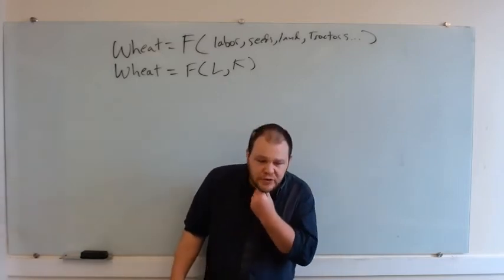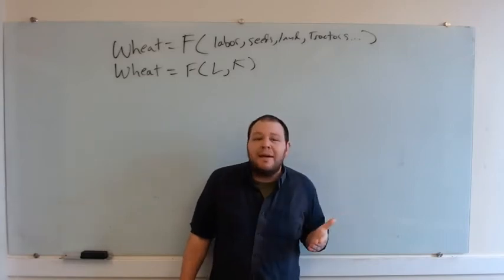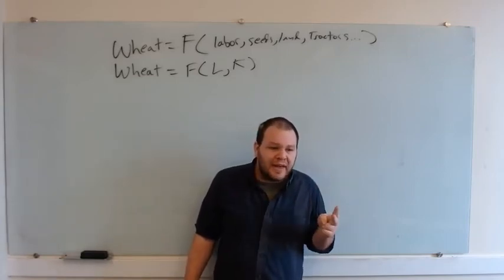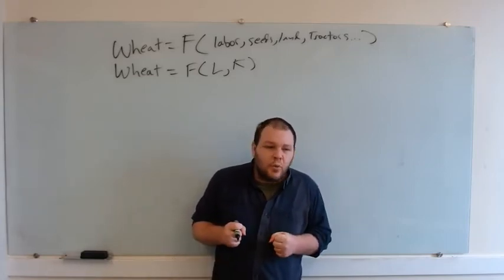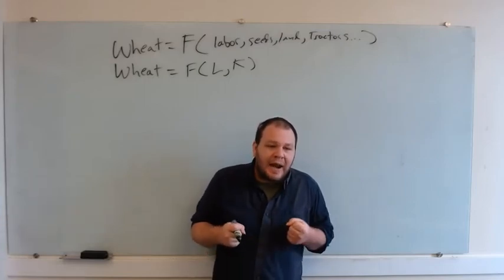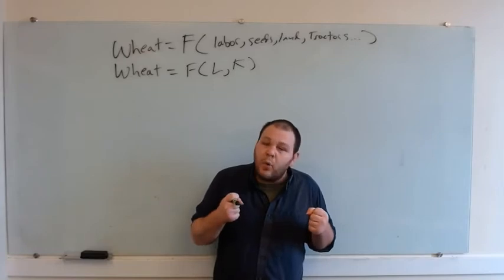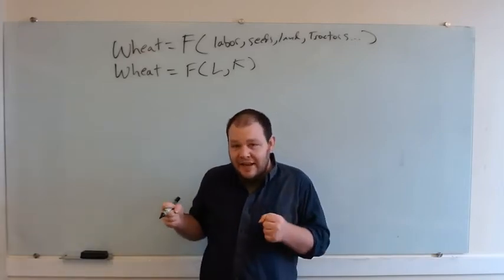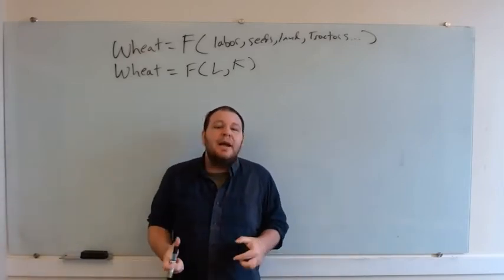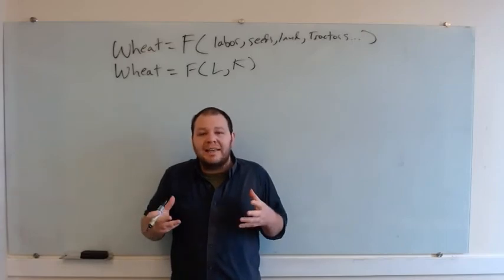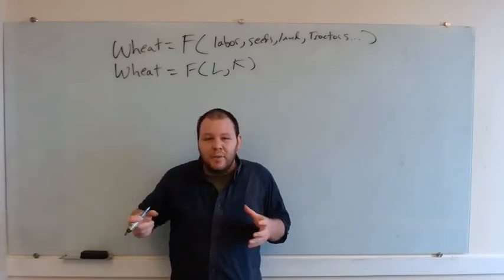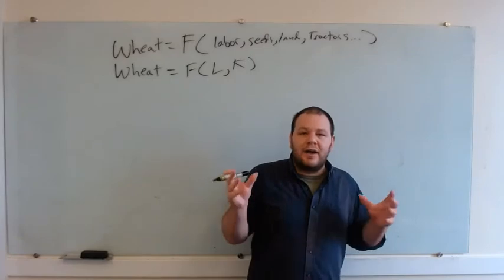Cool. So let's think about a couple examples. Let's imagine first that in order to make a bushel of wheat, you needed two things. You needed to rent a threshing machine for an hour, and you needed to have a worker work for 2 hours. So let's say they need to ride the threshing machine for an hour, then they need to lug all of the bags of harvested wheat onto some sort of loading bay.